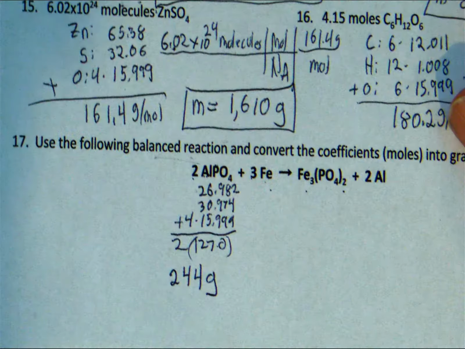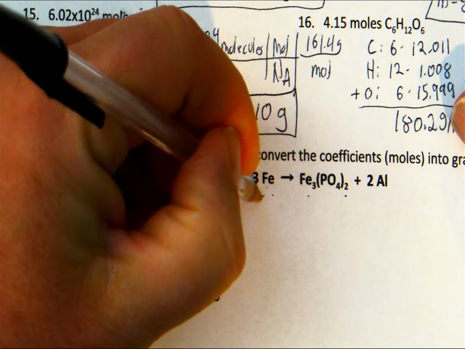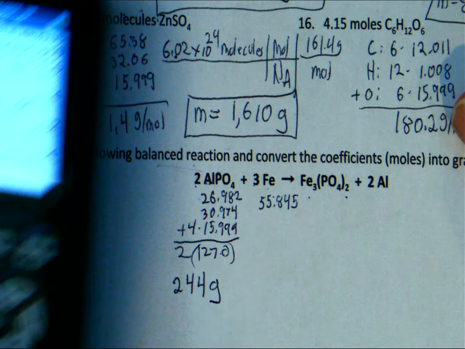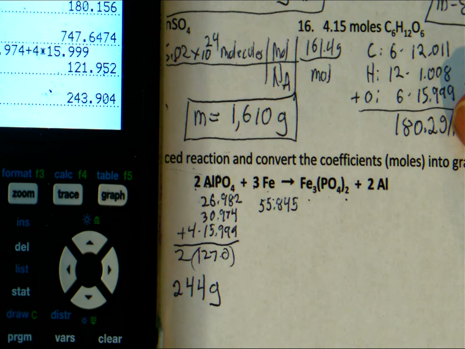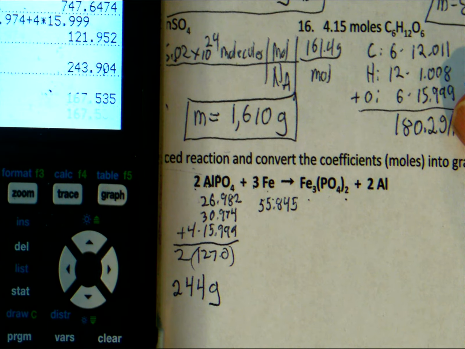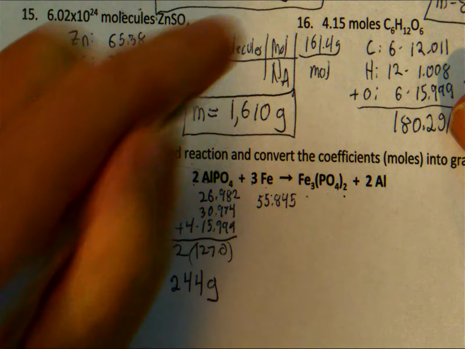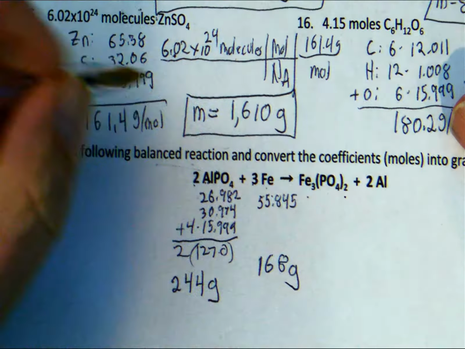For the iron, 1 iron atom is 55.845. But I'm going to have 3 of those. So 55.845 times 3 is 168 grams. So I have 168 grams of iron.